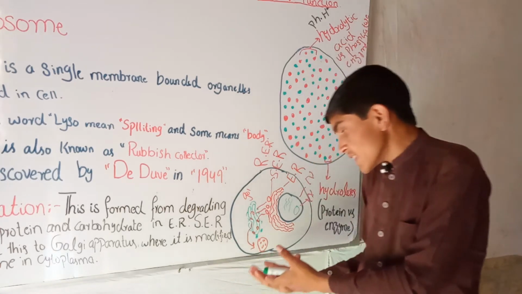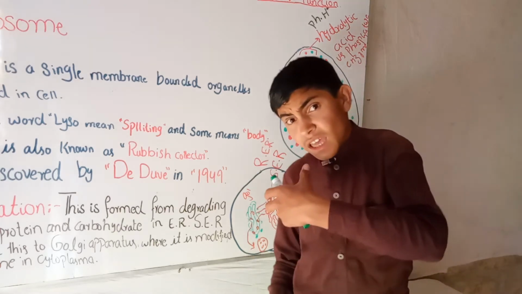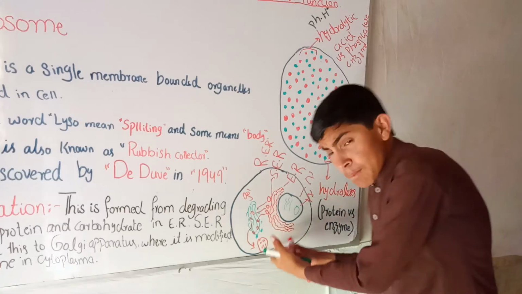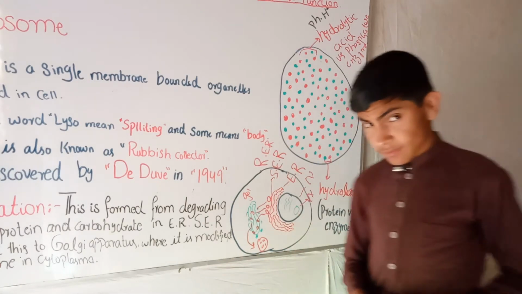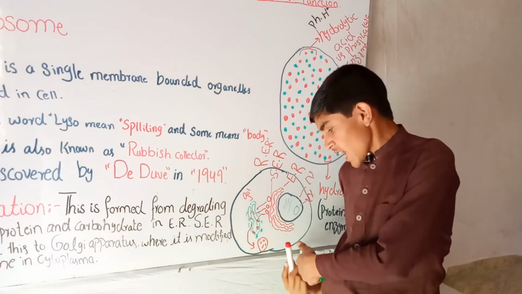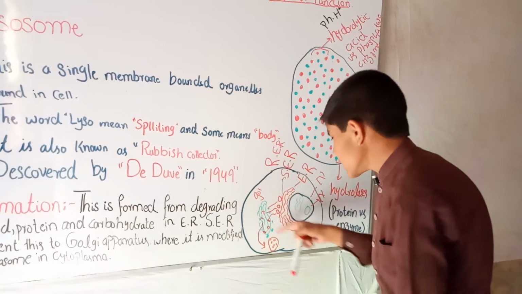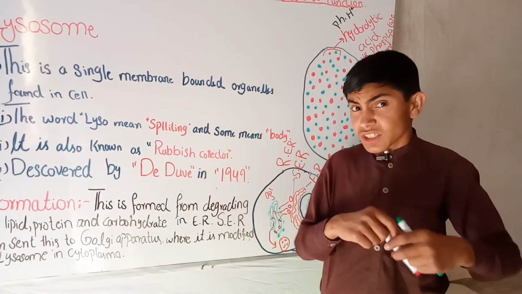They are passed from the Golgi apparatus in the form of vessels which we call a primary lysosome, and then they stay in the cytoplasm. You can see here, this whole area is cytoplasm other than the organelles. Then they start their working.